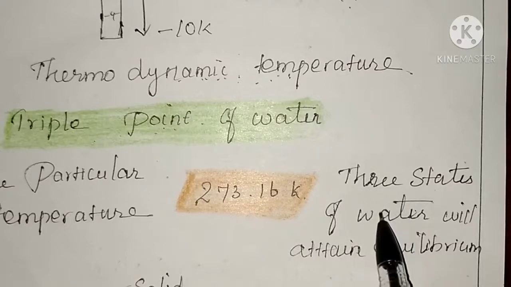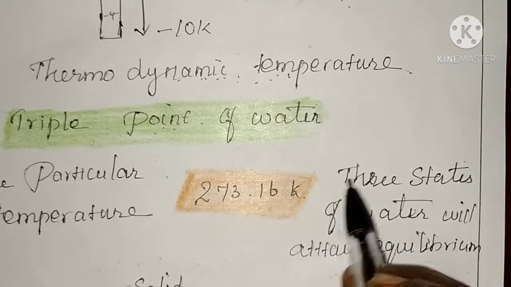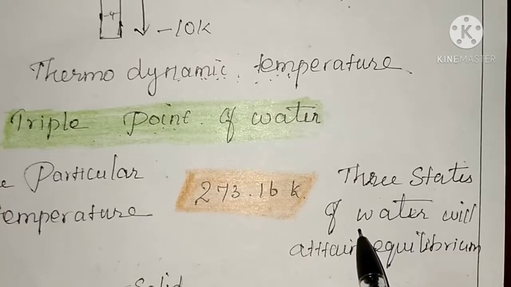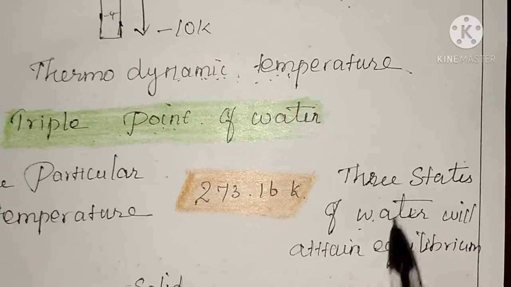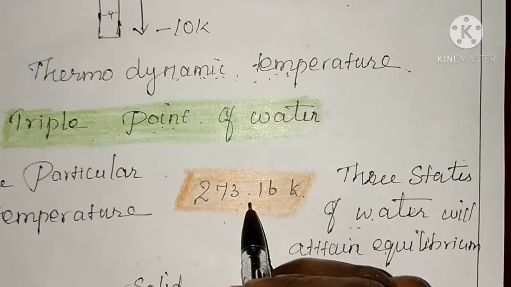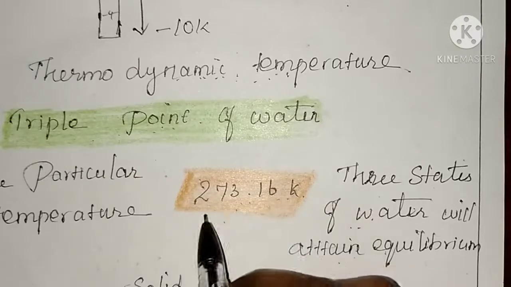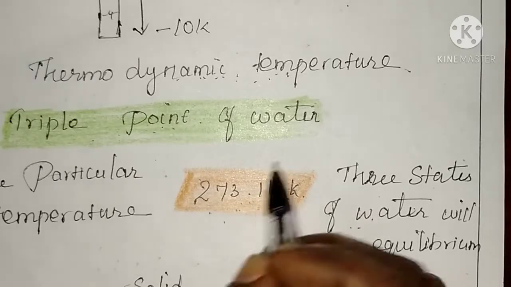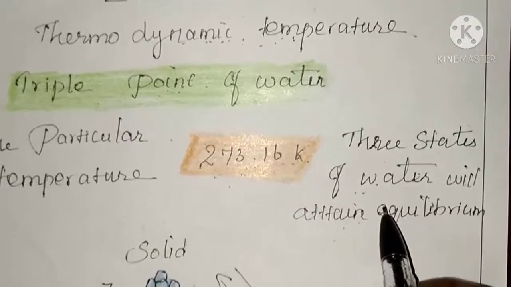What are the 3 states of water? Solid state, liquid state and gaseous state. These 3 states of water attain equilibrium at one particular temperature. What is that temperature? 273.16 Kelvin. At this temperature, the 3 states of water will attain equilibrium.